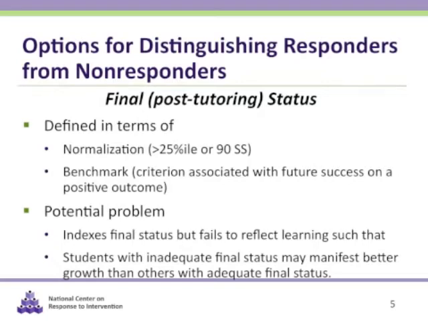So some people argue for a dual criterion that not only considers final status at the end of tutoring, but also the amount of growth that a student has manifested over the course of tutoring.